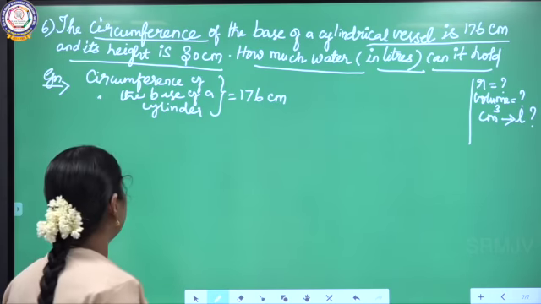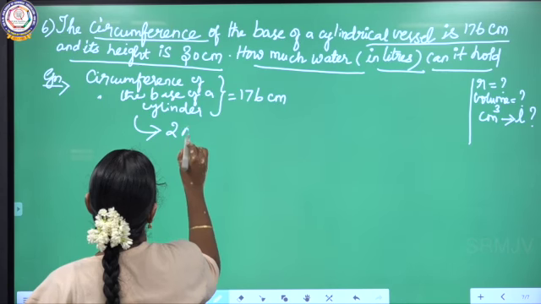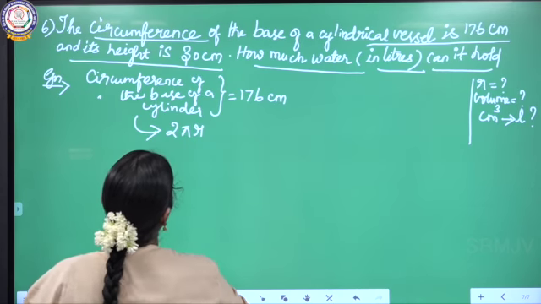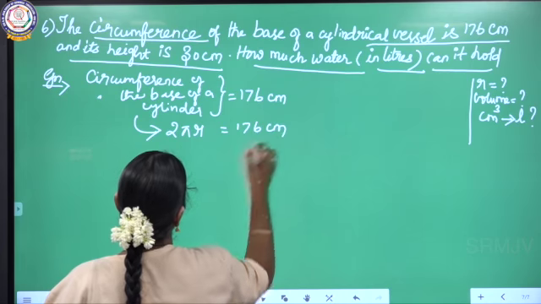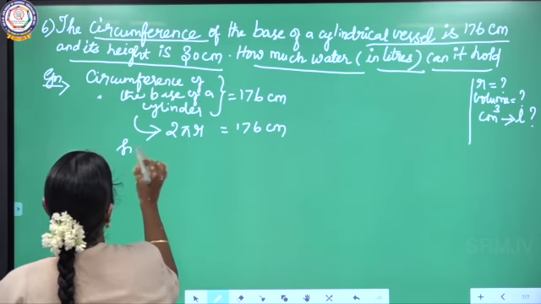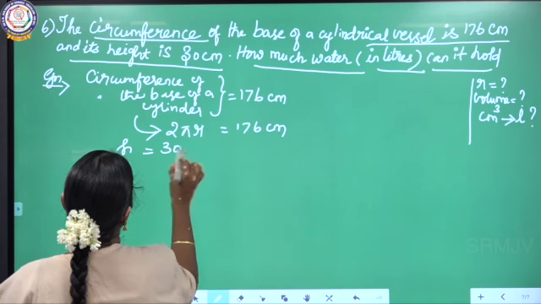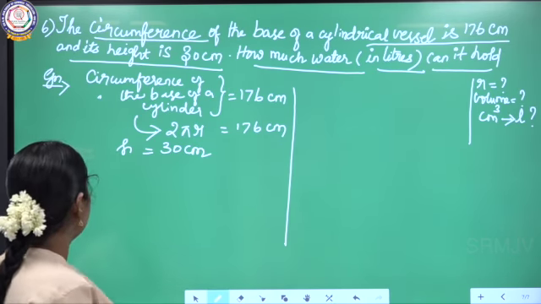So, what is the circumference of the base? 2 pi r. So, 2 pi r is equal to what? 176 centimeter. As well, they are given the height, which is what? 30 centimeter.